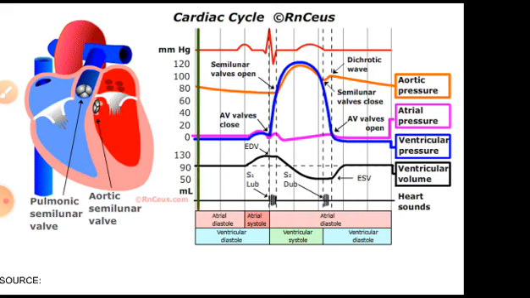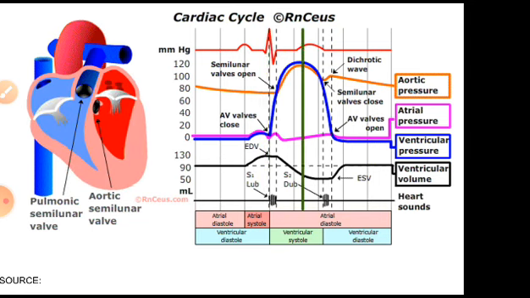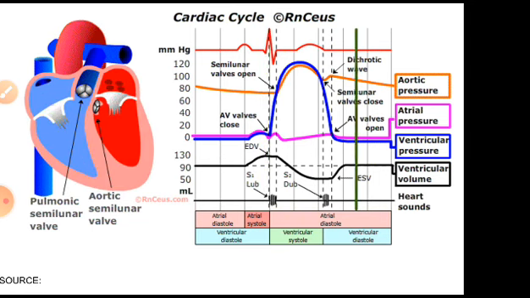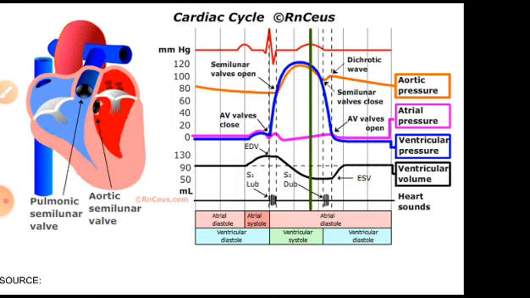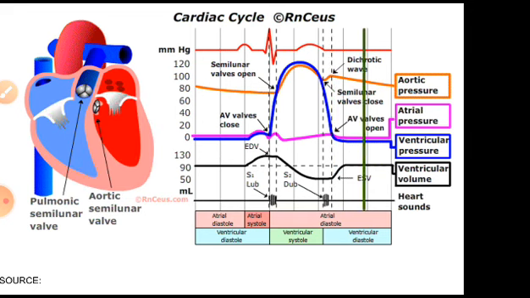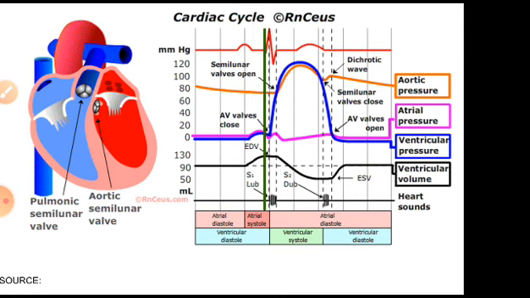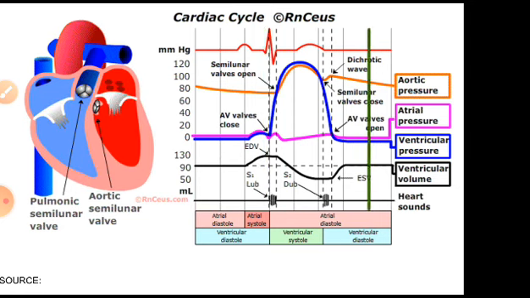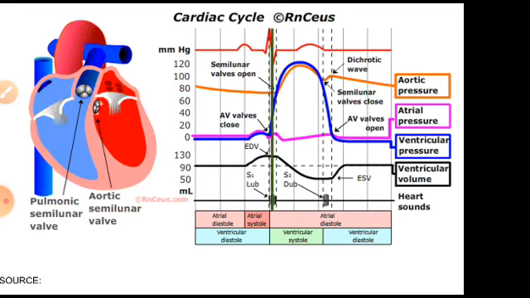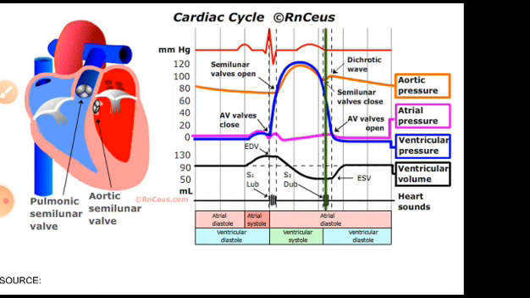If you see the diagram shown here, you can find the ECG at the top, and you can correlate how the heart moves, how the cycle moves, and what changes are happening in the ECG as well. This green line is actually the one cycle. When the green line reaches from one place to the other, it completes one cycle.